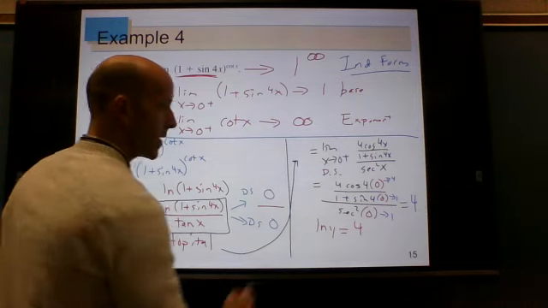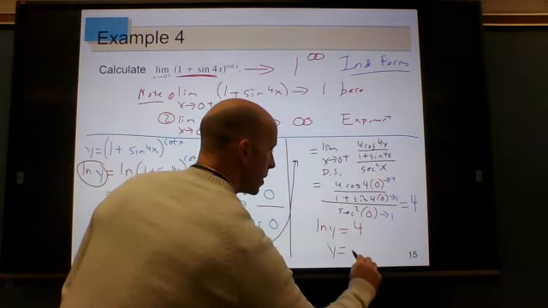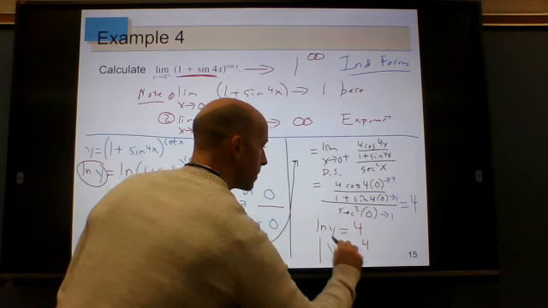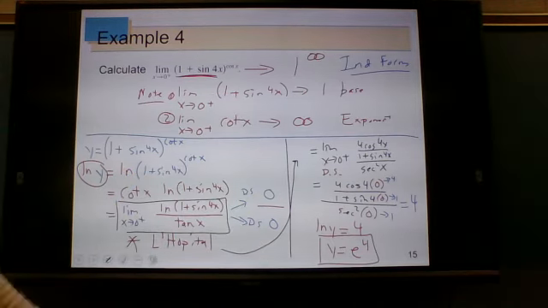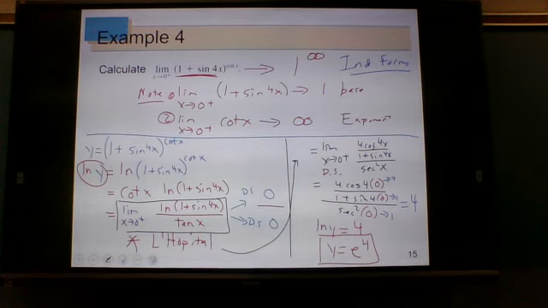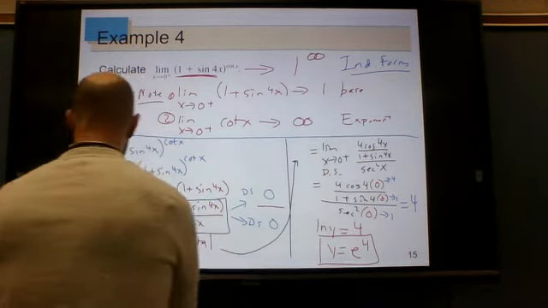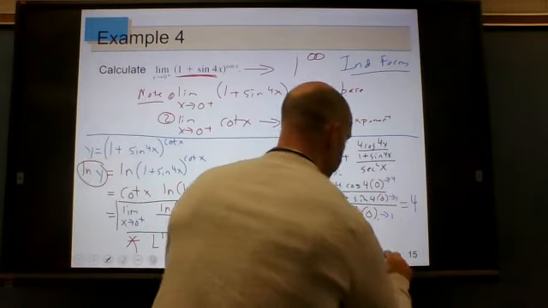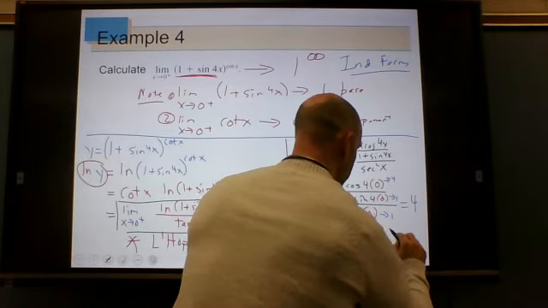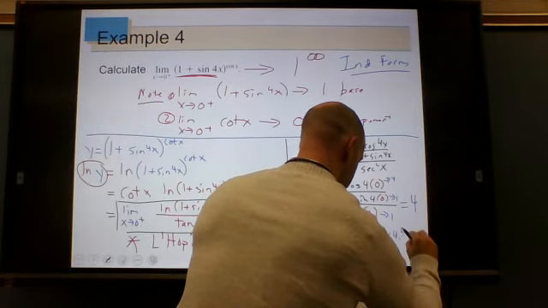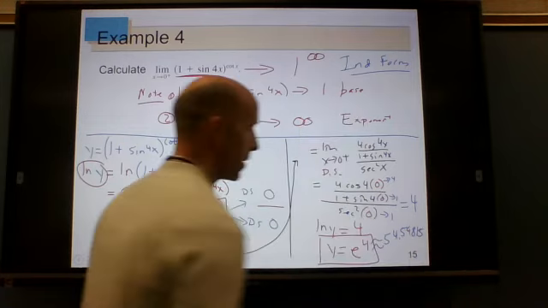Well, how will we get rid of the ln? We would e both sides. So the limit is e to the 4 power, which, in case you're interested in what that decimal approximation is, it's going to be 54.59815 if you're interested.